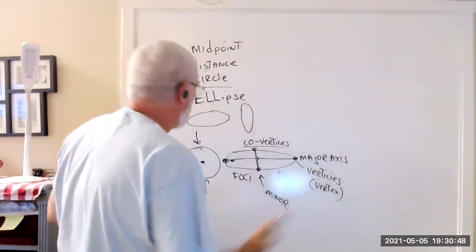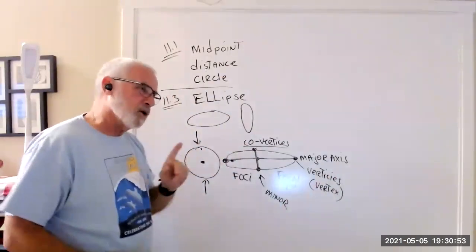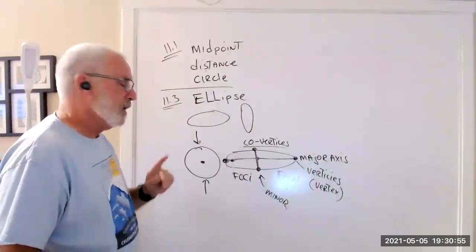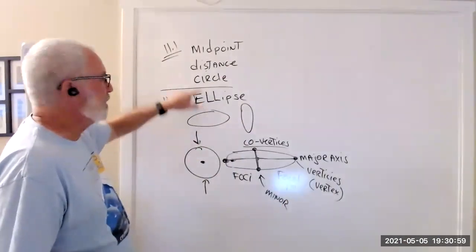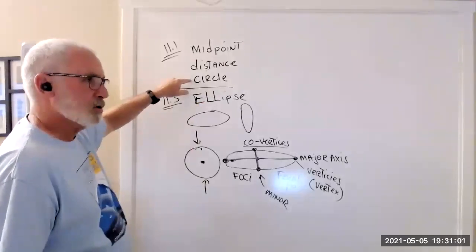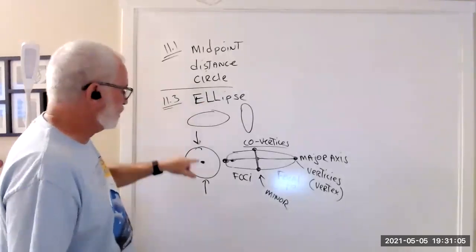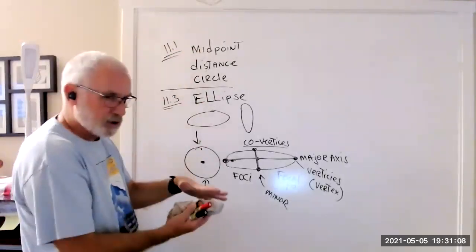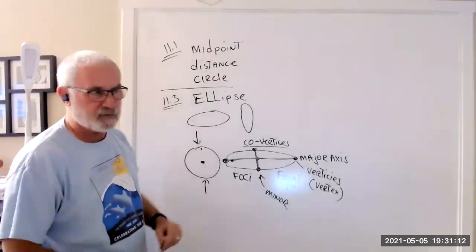All right. I need to erase this in a second, but you need to understand that an ellipse is incredibly related to a circle. Think about how I described creating an ellipse. You start with a circle and you squish it, and out pops the focal points and all this other stuff.